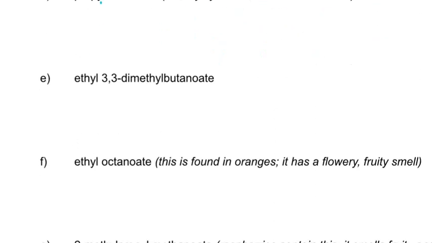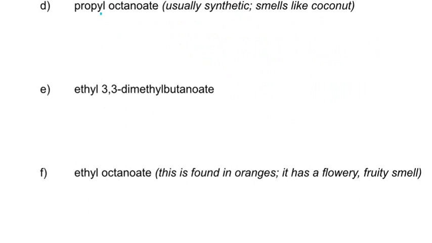Not too bad. A little bit repetitive once you know what you're doing. Propyl octanoate. Propyl comes from propane, 3 carbons. Because there's a lot of practice, and because I suspect you probably get the idea by now, I'm going to save myself a little bit of hand cramp and not do the hydrogens on these.